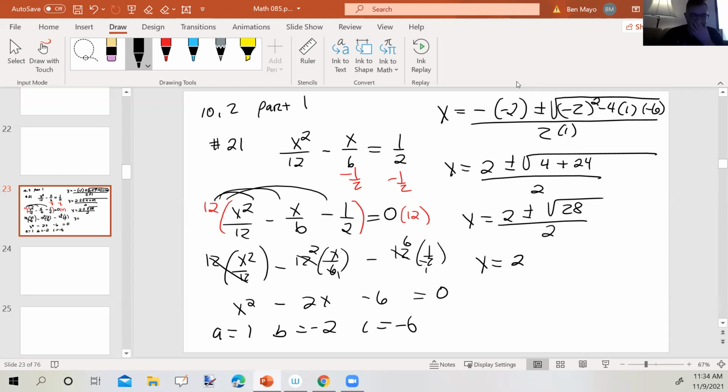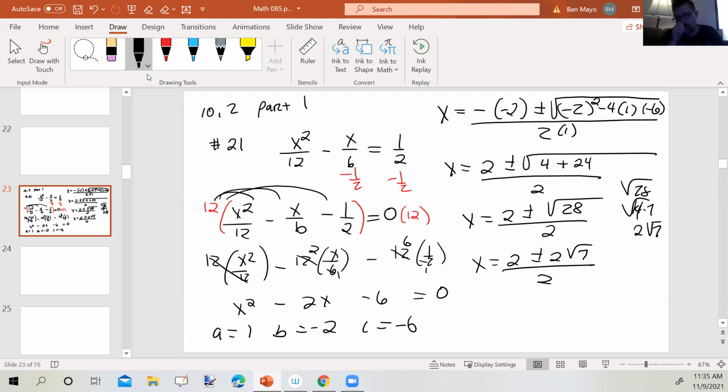Oh, hang on. We can take the square root of 28, which is the square root of 4 times 7, which is 2 square roots of 7, and rewrite the expression: x equals 2 plus or minus 2 square roots of 7 over 2.